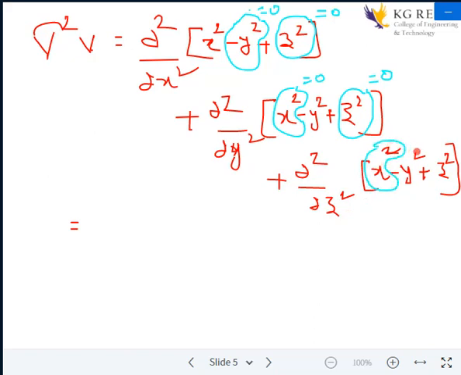So this is 0 and this is 0. Whenever we are doing the partial derivative with respect to y, obviously the other terms will become 0. And with ∂²/∂z², these two will become 0 here. It is very simple because in the first part we do the partial derivative with respect to x² only, in the second with respect to y² only, and in the third with respect to z² only.